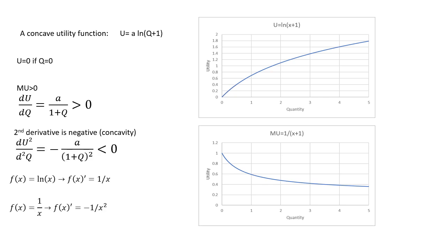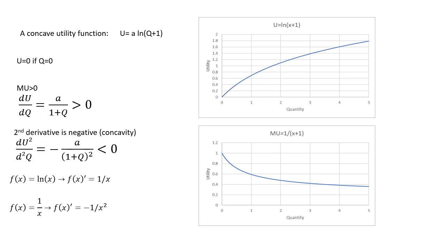Second, the concavity. If you take the first derivative of the marginal utility, or in other words, the second derivative of the utility function with respect to q, then you are going to get a negative number. Using the rule of the first derivative of 1 over x, we can express the second derivative as minus a over 1 plus q squared.